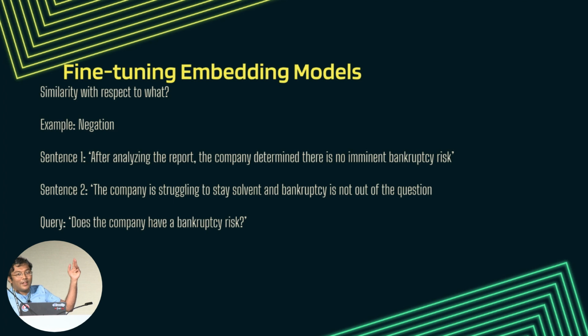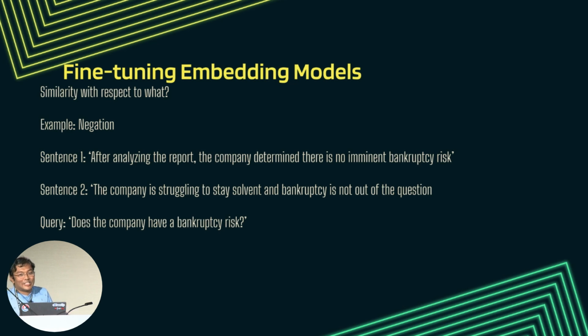They are opposites. And are opposite sentences similar? Yes, in some sense. So it's not unreasonable for embedding models to consider these two things similar. But for my use case, I want to see, does the company have a bankruptcy risk?